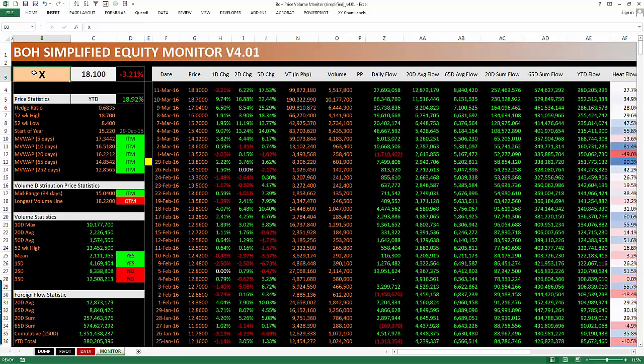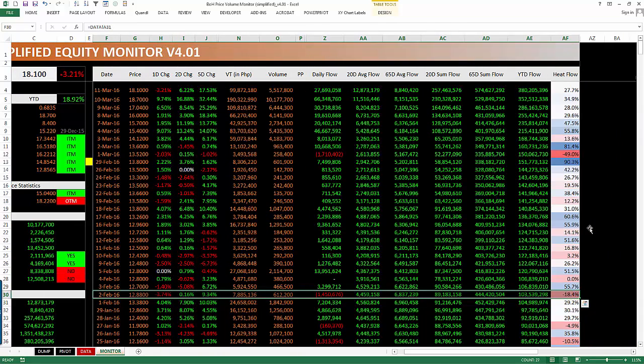Usually, ang kinaganda pa nito dun sa template natin, nakikita natin on a year-to-date basis, gaano karami na ba yung na-accumulate nila. In the case of X, year-to-date, nakapag-accumulate sila ng 380 million worth. But before that, before yung run nilang to, nasan yung naging accumulation? Gaano karami na ba nila nabili nung nahulog to 1288 yung stock?